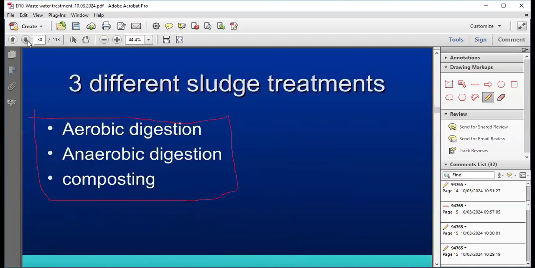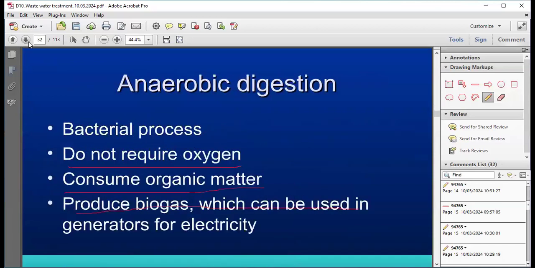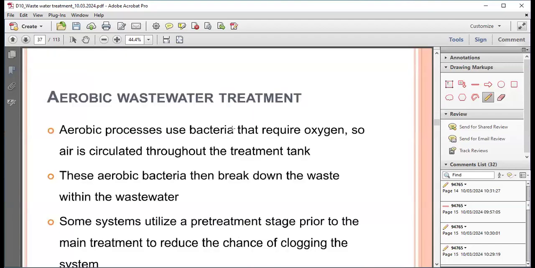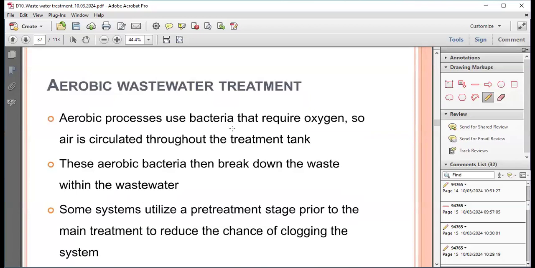Then see anaerobic. Let's say this for some others. Right, this one, aerobic. We already saw aerobic wastewater treatment. Aerobic processes use bacteria that require oxygen.